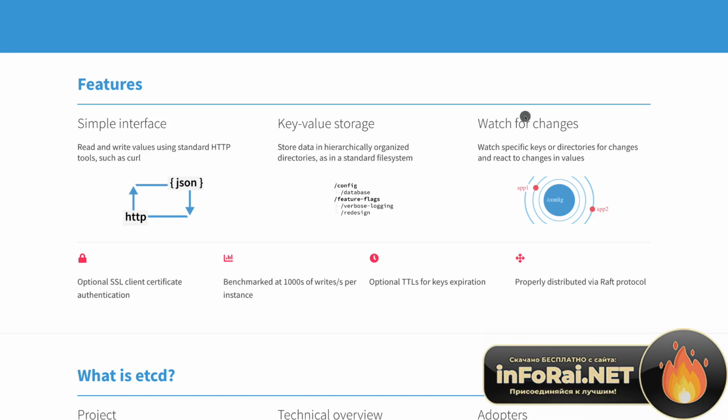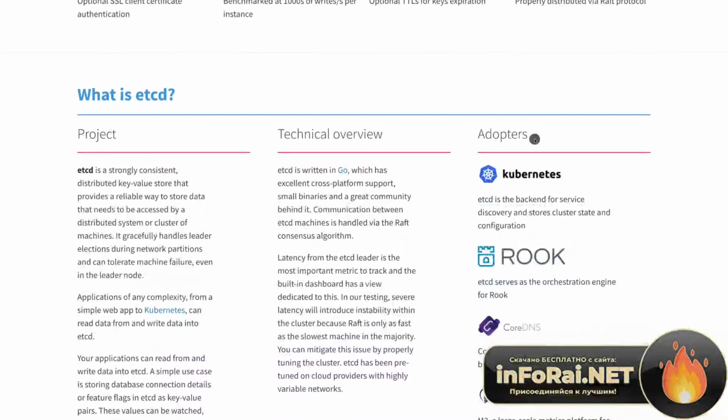And it watches for changes on specific directories, and it also reacts to changes. And you'll see why this is important in a second. If I scroll down, you can see the adopters. Here Kubernetes uses it as the backend for service discovery and stores cluster state and configuration. So this is really important.